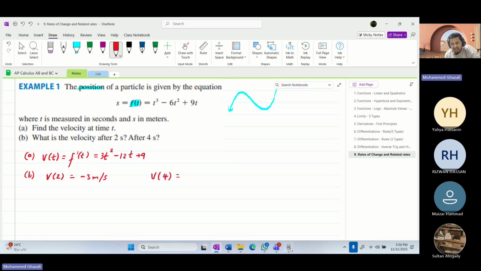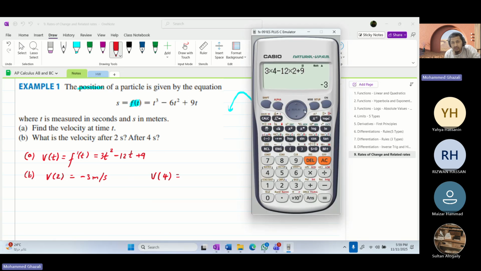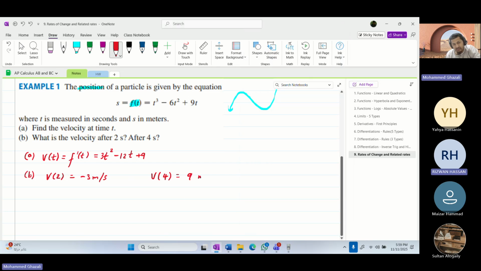So that's 3 times 16, minus 12 times 4, plus 9. We're getting 48, minus 48 cancels out, we get 9. Yeah, 9 meters per second. Right, so we got the velocity after 2 seconds and after 4 seconds. That's what the velocity is. Now let's continue with the rest of the questions.